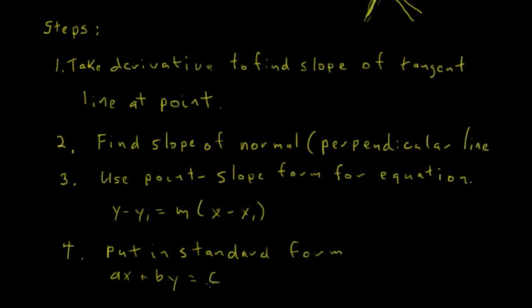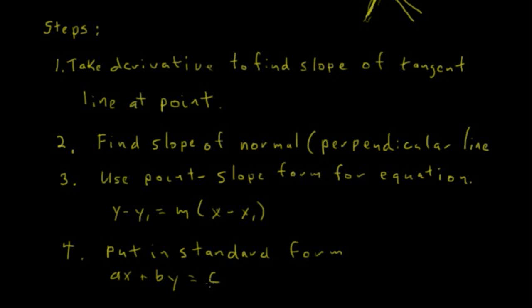Okay, I've written down some steps that we need to take to solve this problem. The first step is to take the derivative to find the slope of the tangent line at the point. Then we'll find the slope of the normal, which is the perpendicular line, and we'll use the point slope form for the equation.